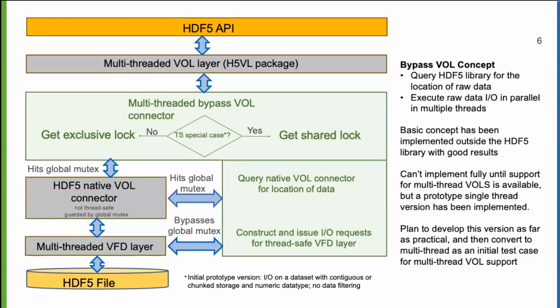And once you have that data, you can go off and do your I/O. What the bypass VOL is trying to do is put back in the VOL connector and make it transparent. In this particular case, we're assuming multi-thread is involved there.